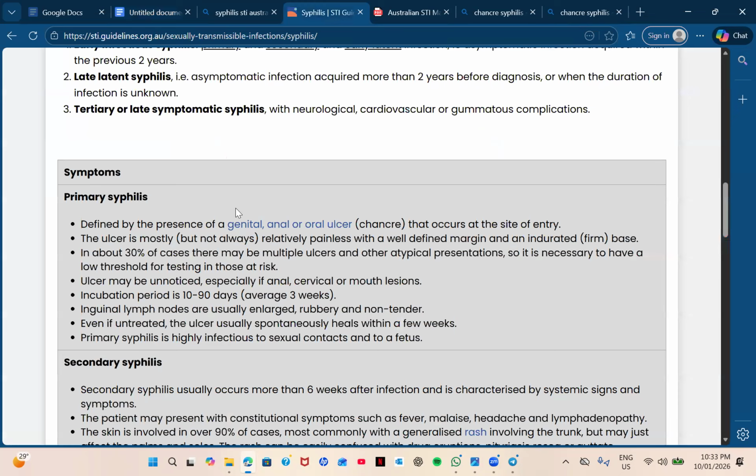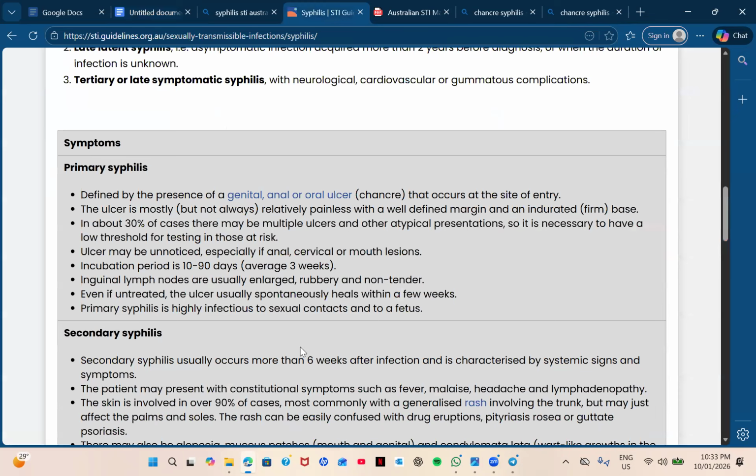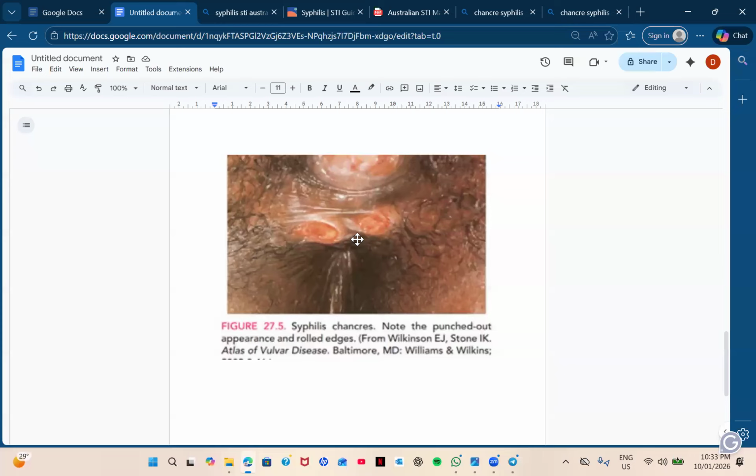How does it appear? The ulcer is mostly relatively painless. This is the painless ulcer. It is relatively painless with a well-defined margin and indurated base. Here you can see the well-defined margin, right?